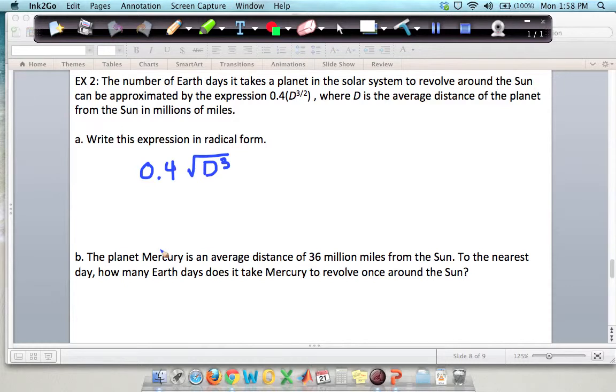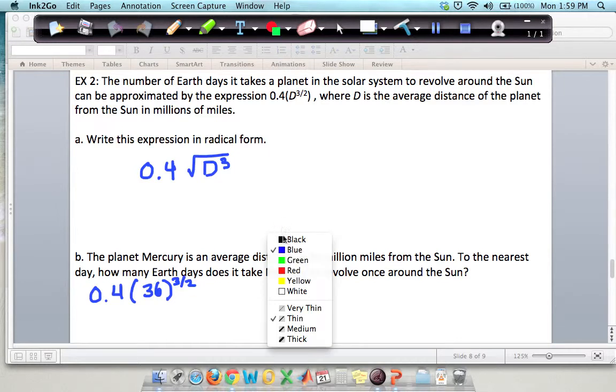B says the planet Mercury is an average distance of 36 million miles from the sun. To the nearest day, how many Earth days does it take Mercury to revolve once around the sun? So I'm going to use the original expression I had, and plug in 36 for d. Then you should just plug this directly into your calculator: 0.4 times 36 raised to the 3/2 power.